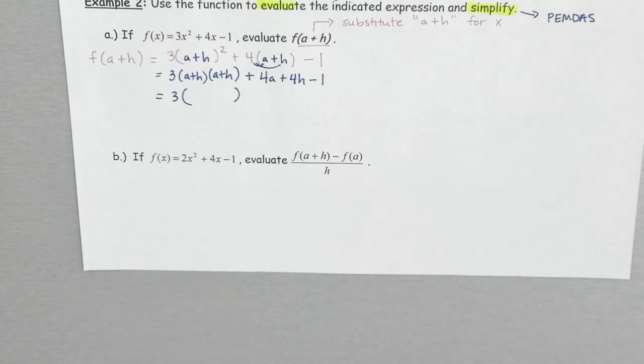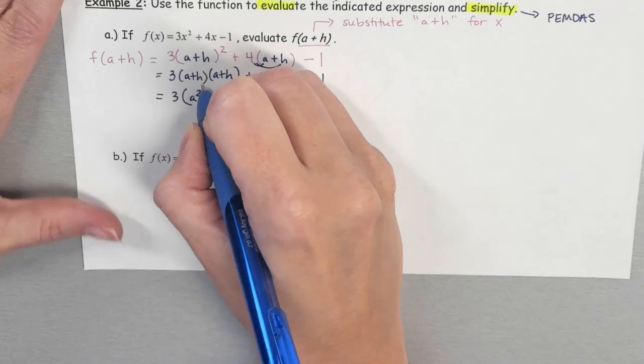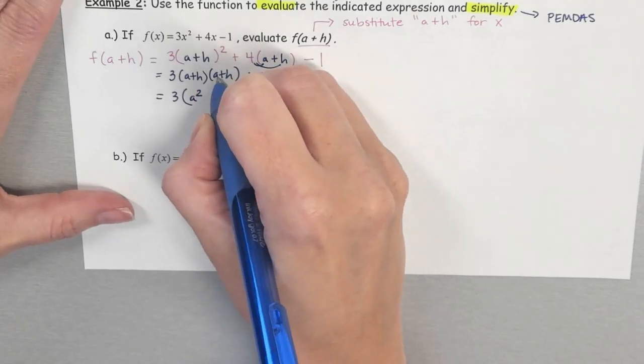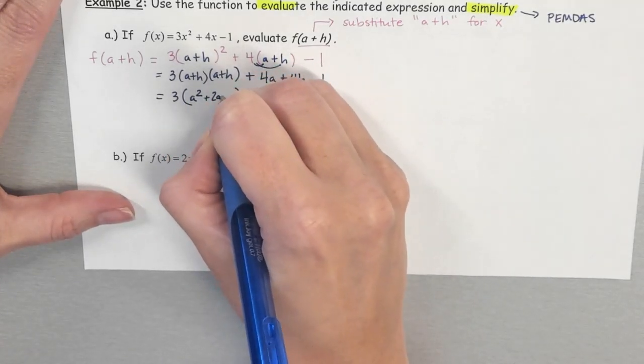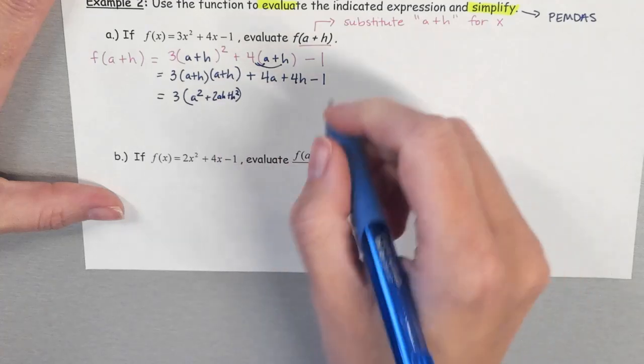So a times a is a squared. Anytime you're multiplying the same thing, the middle doubles. So ah and ah is 2ah, and then h squared. And then you are going to distribute from there.